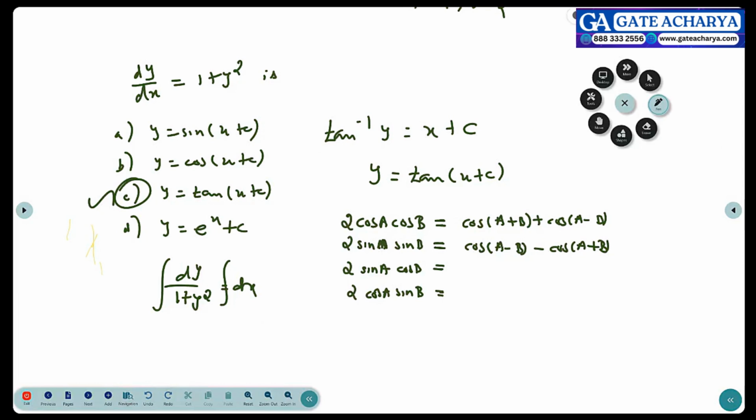2 sin A cos B. It starts with sin, so sin A plus B plus sin A minus B. Sin A cos B combination.